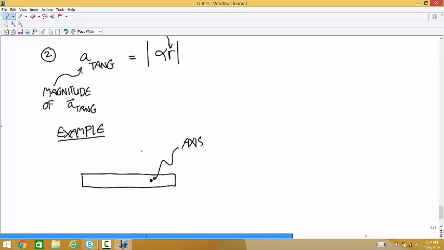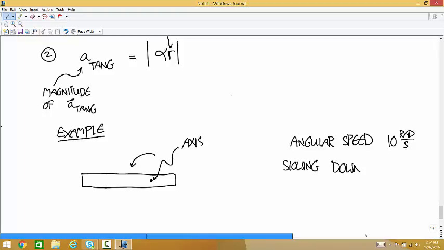And let's say the board is rotating counterclockwise with an angular speed of 10 radians per second. And let's say it's slowing down at 5 radians per second squared.